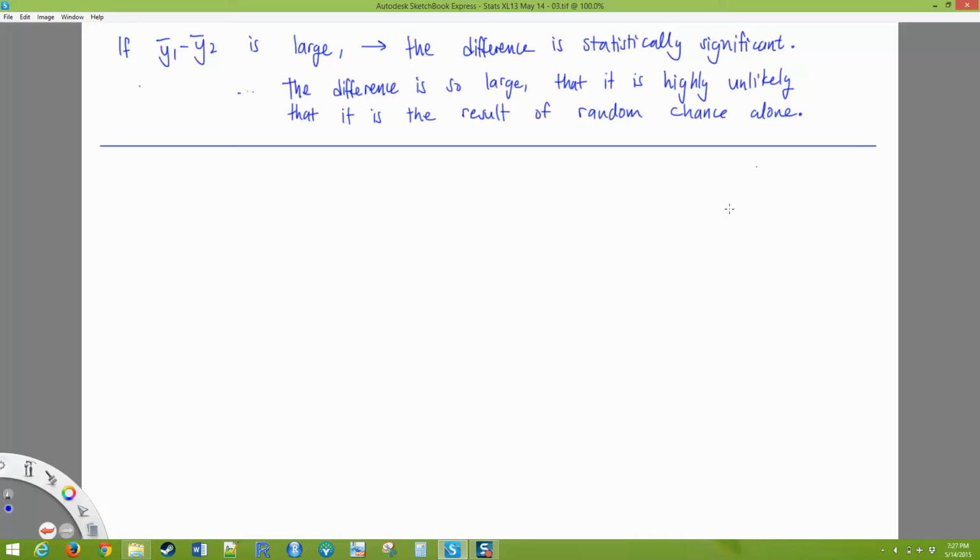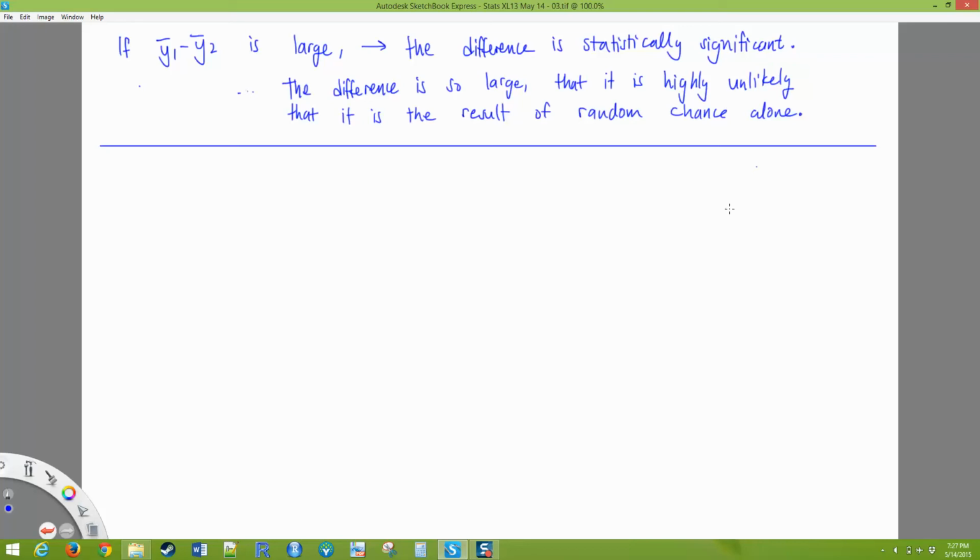We know that the distribution of sample means follows a normal distribution. And we skipped this section in the textbook, but if you combine random variables that are normally distributed, the resulting combination is also normally distributed.